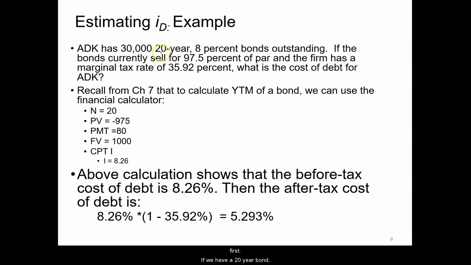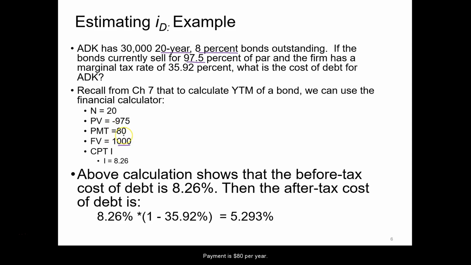If we have a 20-year bond, 8% coupon rate, currently sells for 97.5% of the par, and if this is an annual coupon payment bond, then we have 20 years. Price will be $975, which is 97.5% multiplied by the par value, the 1,000, which is also the final FV here.